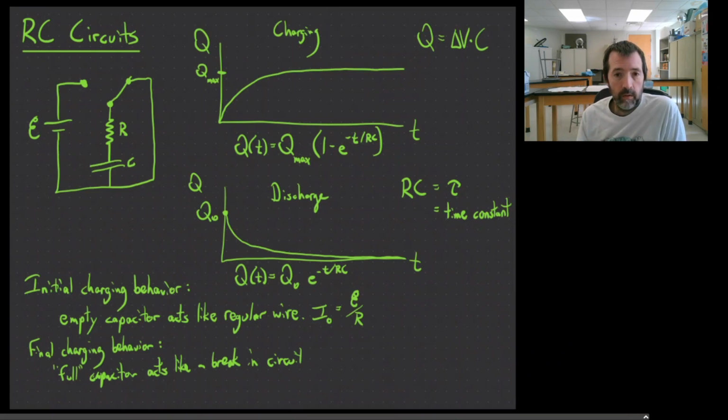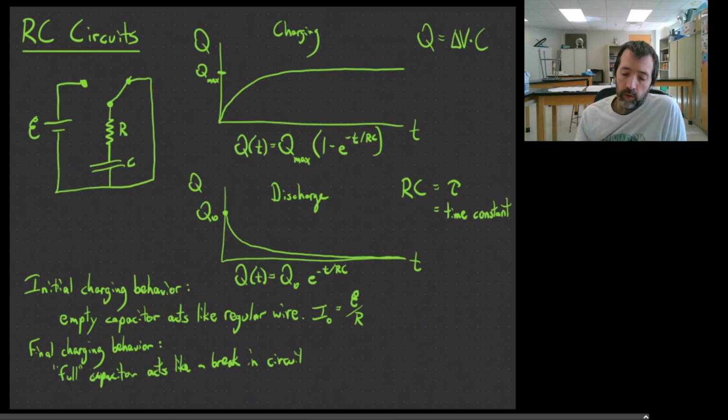So the time constant represents the amount of time that you need for that exponent to become a negative 1. It starts out at 0, at time 0. And then as time goes by, the exponent becomes more and more negative. RC, or the time constant, is the amount of time that it takes for it to become 1.